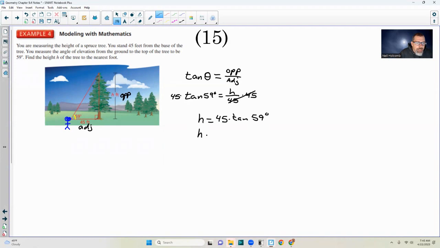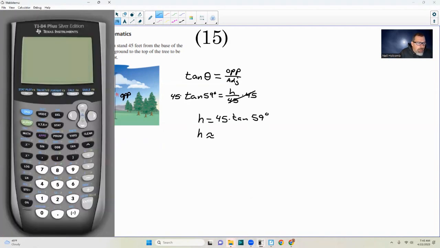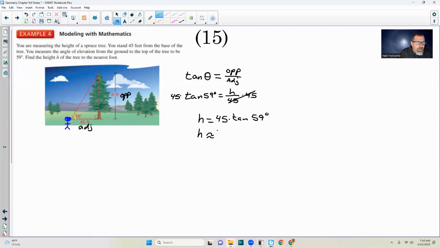So our h is going to be approximately, get our calculator, turn it on, 45 tan 59. Enter, and it's 74.8926. So it's 74 point, and it says find the height of the tree to the nearest foot.